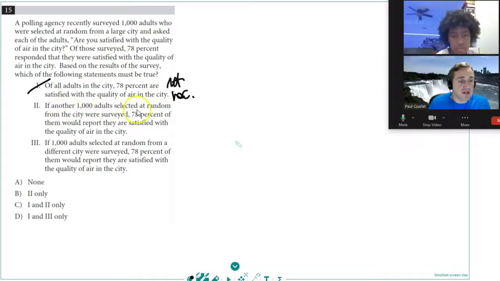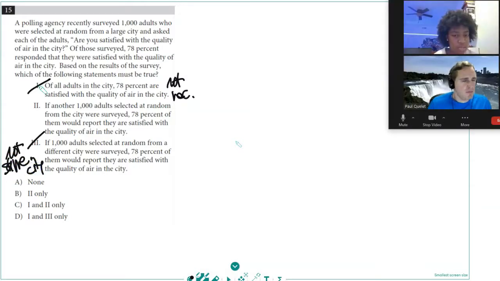All right. If another 1,000 adults were selected at random from the city surveyed, 78% would report they're satisfied with the air quality in the city. Is that necessarily true? I think for me, I would probably choose this second one over the third one, because it's still talking about that same city, but the third one is saying that if the adults selected at random were from a different city, I don't think you can come to that conclusion, because it's not the same city.